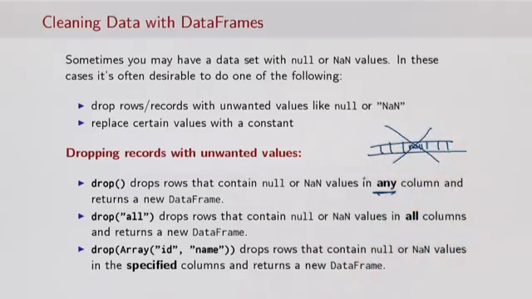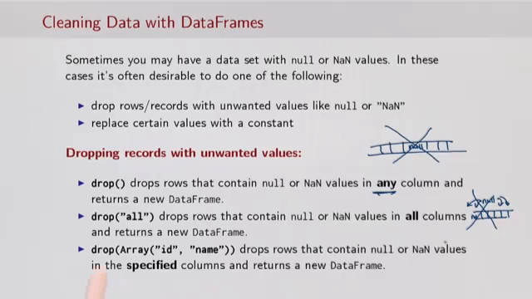Perhaps we know we can deal with that null value and replace it with something else in some other way. In that case, you might want to use the drop method while passing "all" to drop. And in this case, we just drop rows that contain null or NaN in all columns. Another way to say that is, if we have a row with all null values, then we drop the entire row, but only if all of the columns are null or NaN.